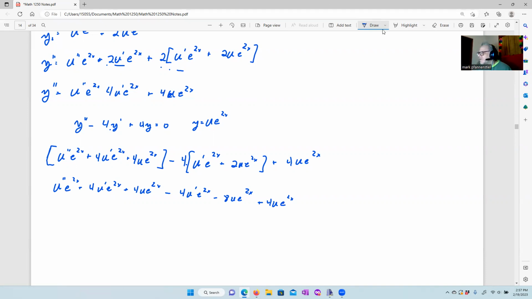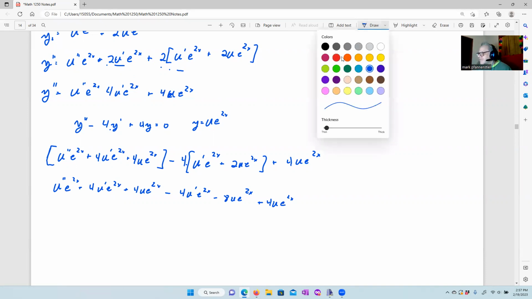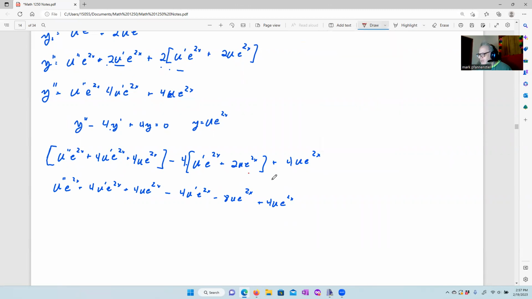Now here, notice that a couple of things are going to cancel. This 4u e to the 2x, there's a plus and a minus here. 4 plus 4 is 8 of them, minus 8 of them. Those are going to cancel.